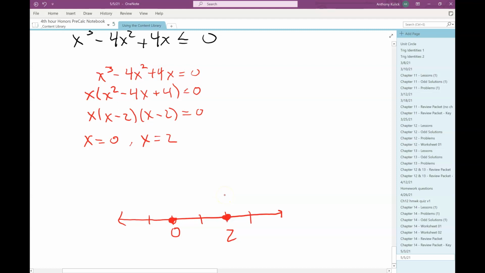Everybody good with that? So the test values I need to pick one from each interval. So I would pick negative 1, positive 1, and positive 3.